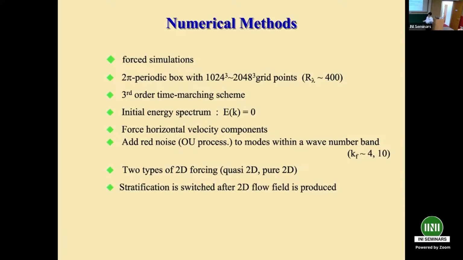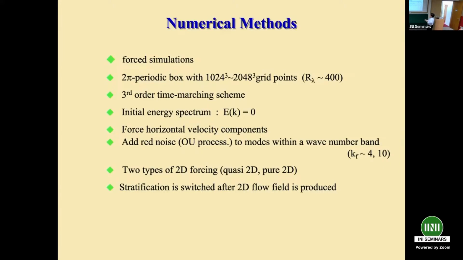We integrate twice to have a certain smoothness or connectedness of the velocity field. And we add noise in the small wave number band, k_f is 4, and k_f is 10, something like that.